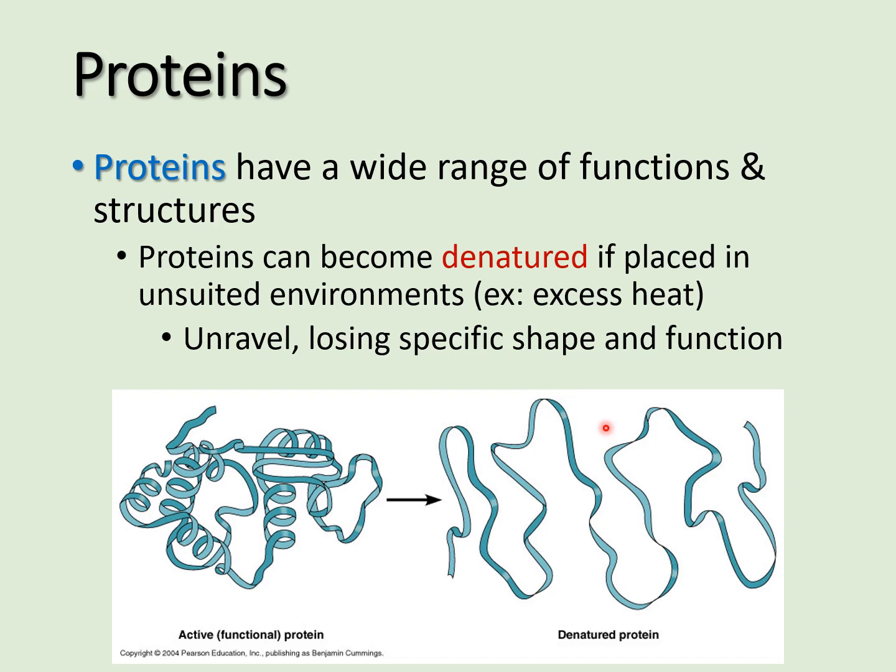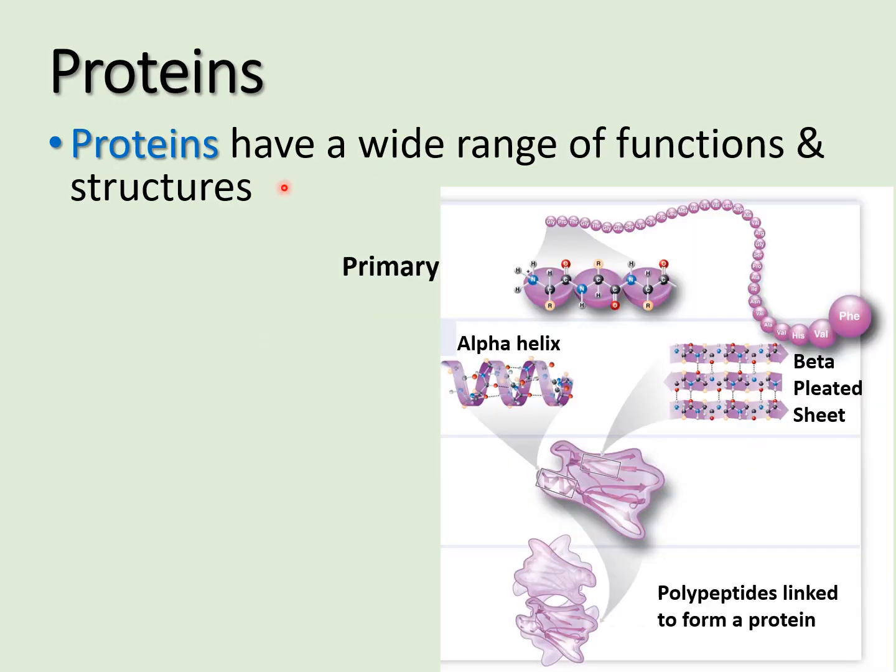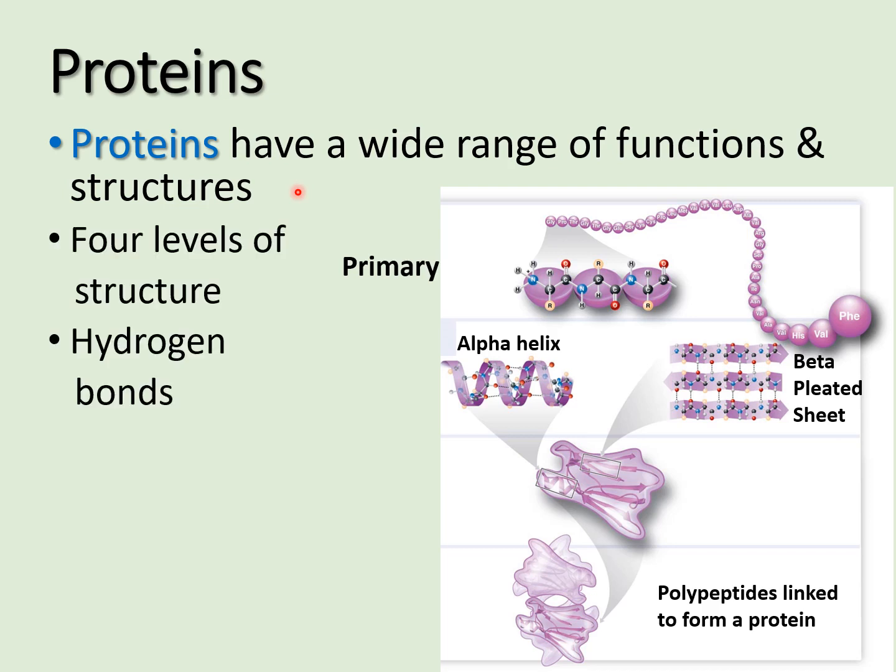Okay. So we call this process denaturing. Okay, so you can denature proteins by putting them in unsuitable environments, such as excessive heat. And that's part of what happens when we cook our food as well. So we're kind of denaturing some proteins in there.